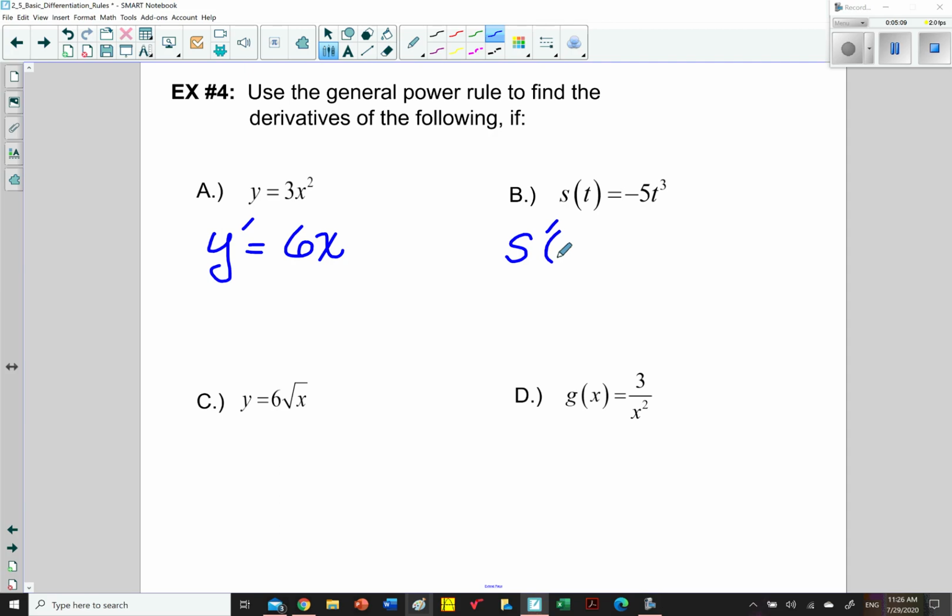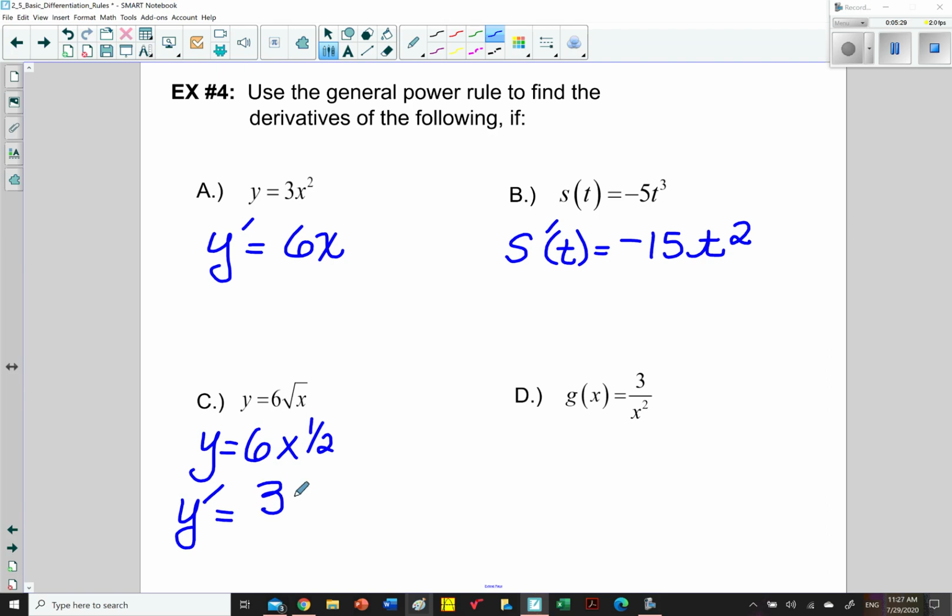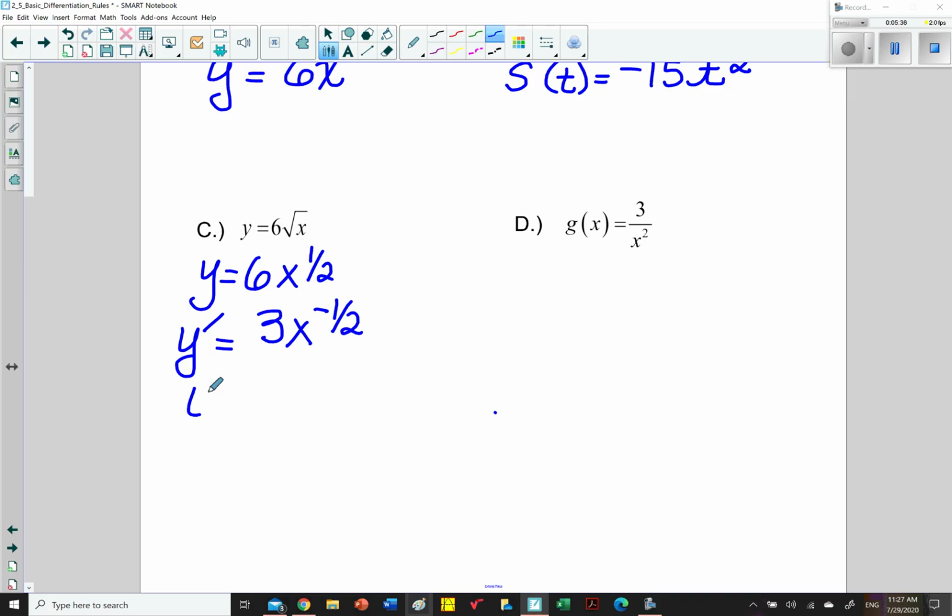S prime of t is negative 5 times positive 3, t to the second. In this one, again, we want to rewrite that as 6x to the 1/2 power. So the derivative would be 6 times 1/2, which is 3, and then x to the negative 1/2 power. And we said we could rewrite that to be 3 divided by x to the positive 1/2 power in the denominator.